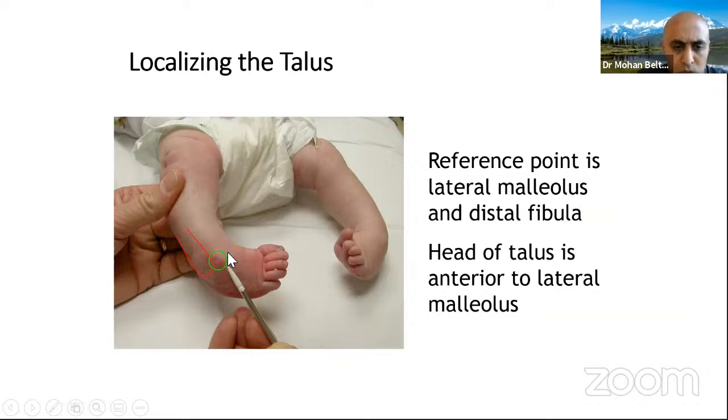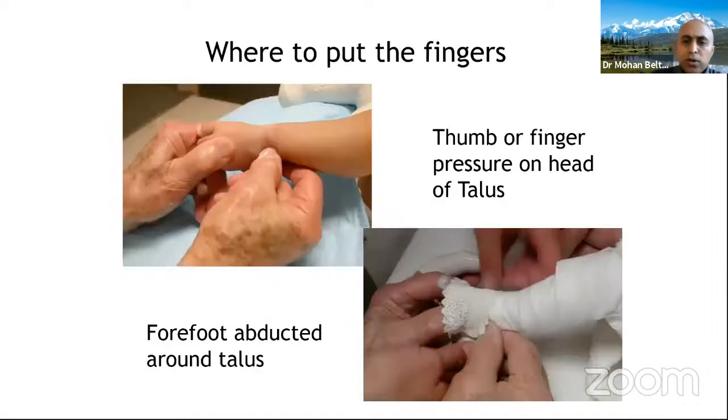So it's the first structure anterior and distal to the fibula, or to the lateral malleolus in this case. And then where to put the fingers, you put the lateral border of the thumb, or the radial border of your thumb, of your right hand in this case, on the lateral talar head as shown here.